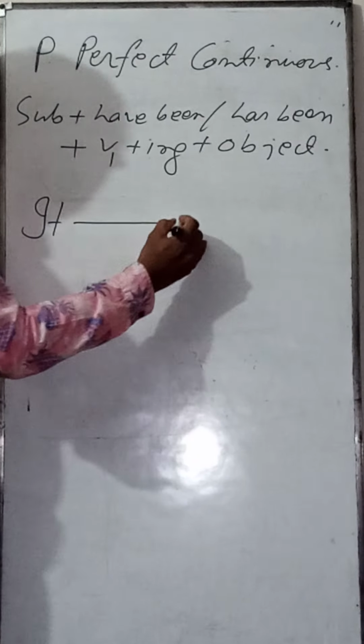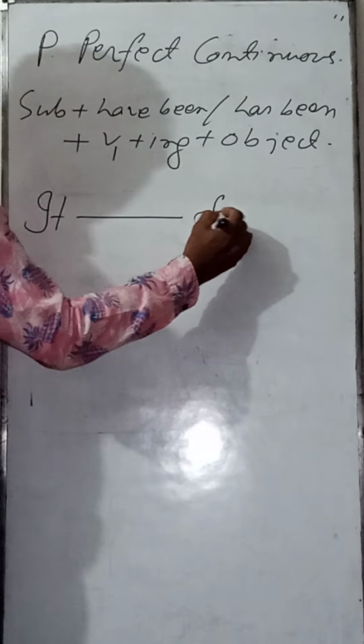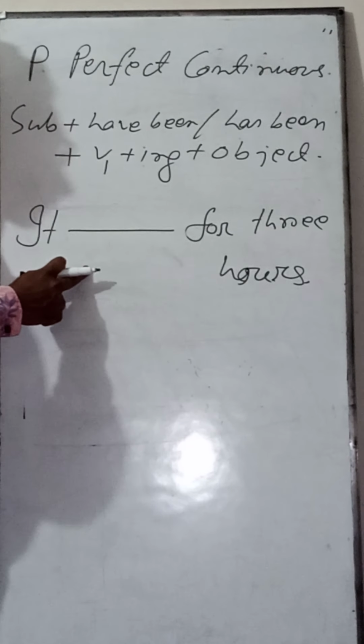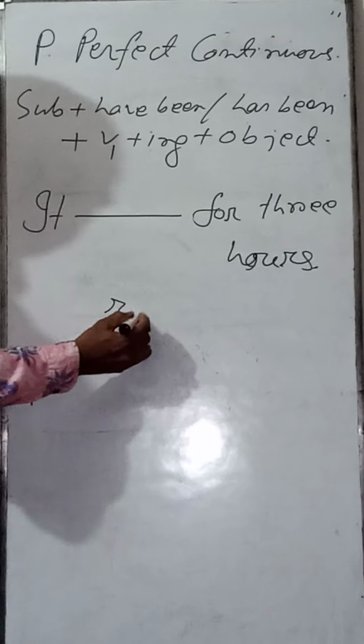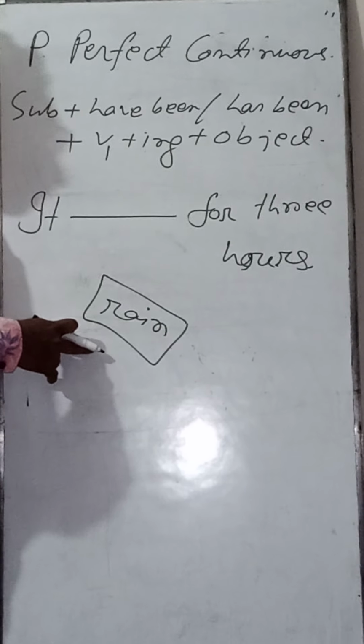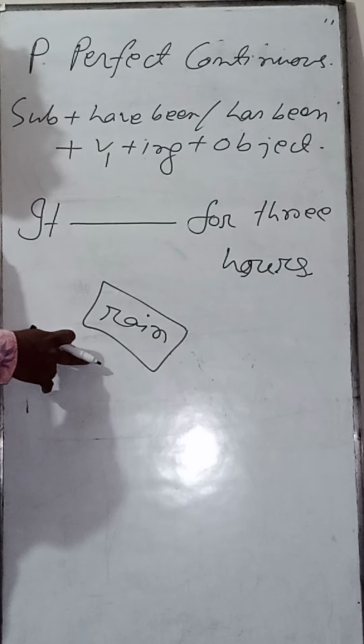If you find such kind of fill in the blanks, eat dash for 3 hours, and if you find the verb rain, it's also a noun, it's also a verb.